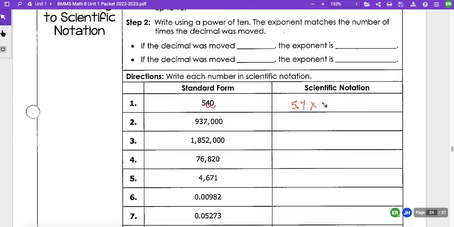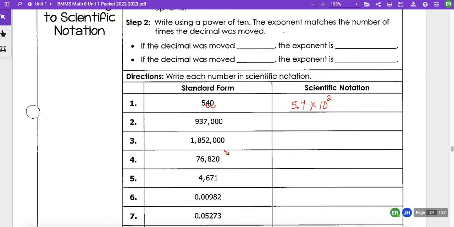So times 10, and because we moved 2 places, my exponent is going to be positive 2. Okay, and we know it's going to be positive because this number right here, the standard form number, is greater than or equal to 1.